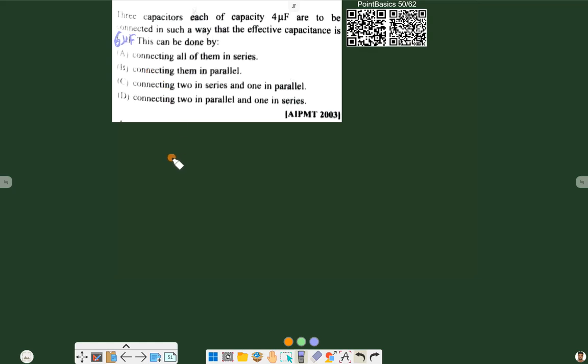So that can be done like this: 4 microfarad in series with 4 microfarad. Now in combination they will provide an effective capacitance of 2 microfarad.